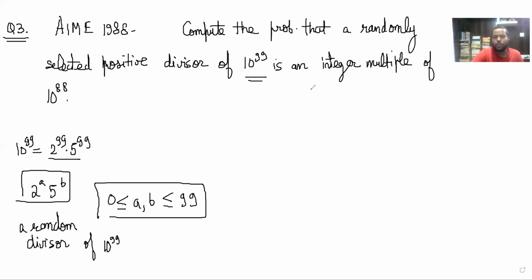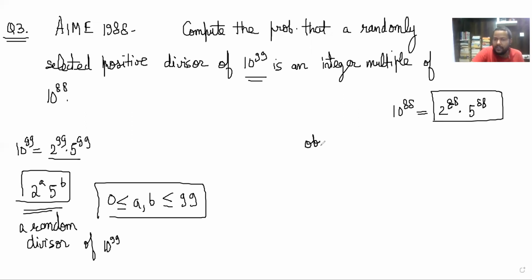Now we have to make sure that this random divisor is an integer multiple of 10 power 88. So let's look at 10 power 88. 10 power 88 is basically 2 power 88 into 5 power 88. Now, when will this divisor be a multiple of this number, 2 power 88 and 5 power 88?